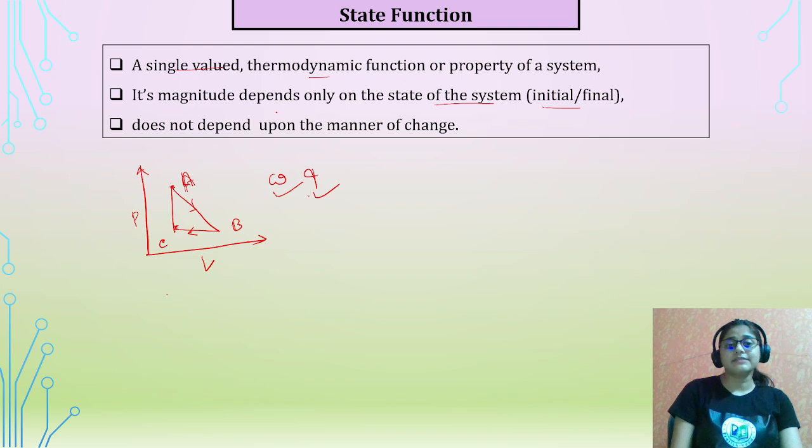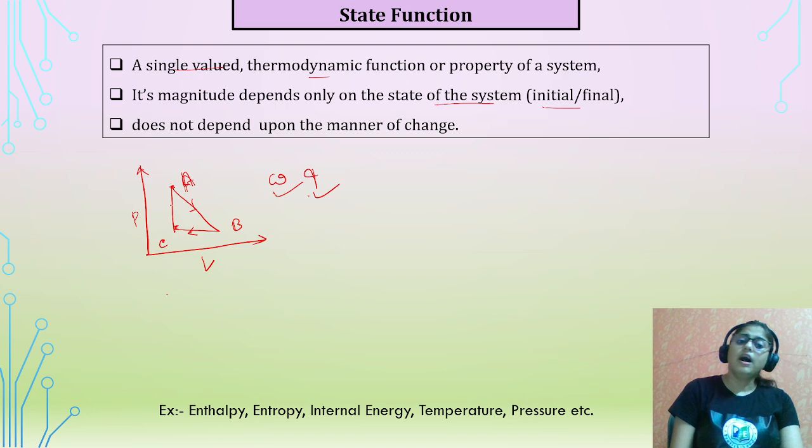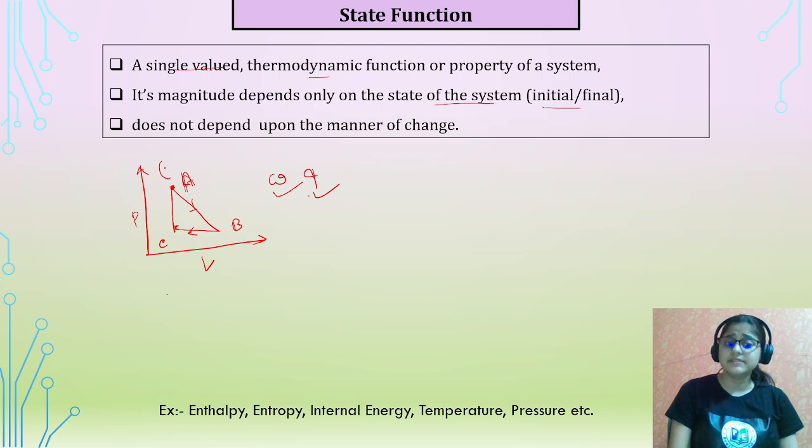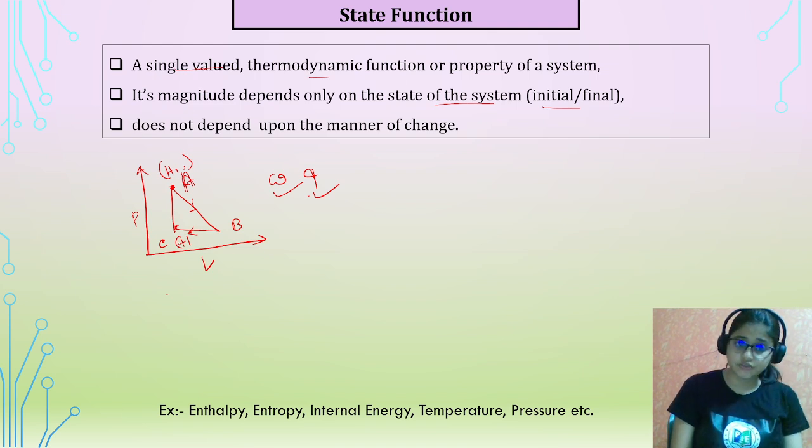But there are some properties, for example enthalpy, entropy, internal energy, which don't want to know that A goes first to B and then comes to C. They don't want to know about all these things. They just want to know when it was at point A, what was its quantity, like what was its enthalpy, and at point C, what its enthalpy is, let's say H2.